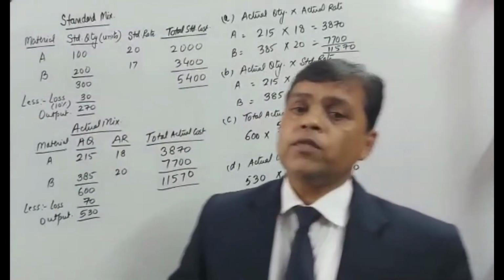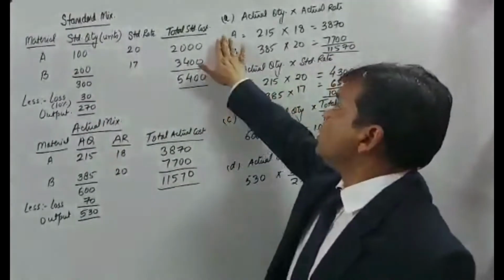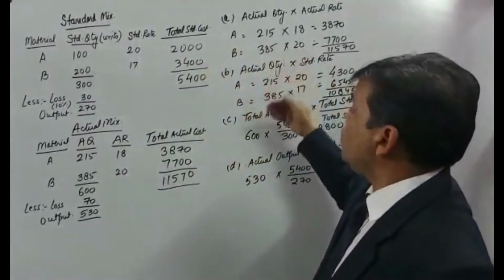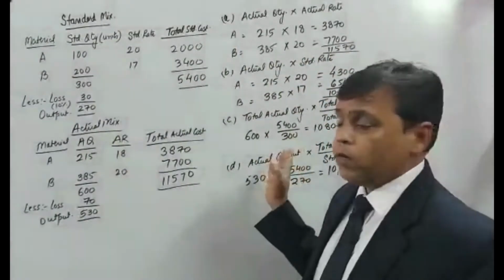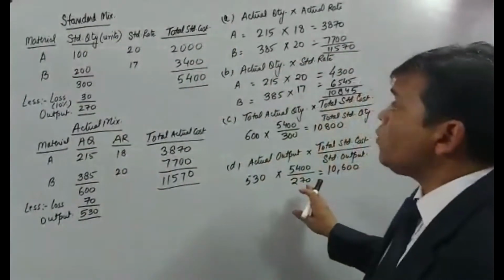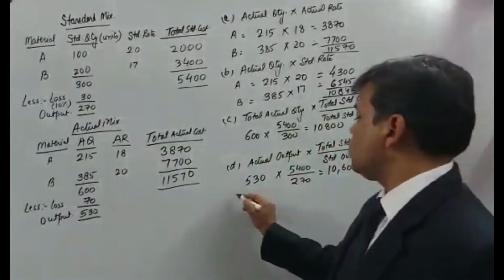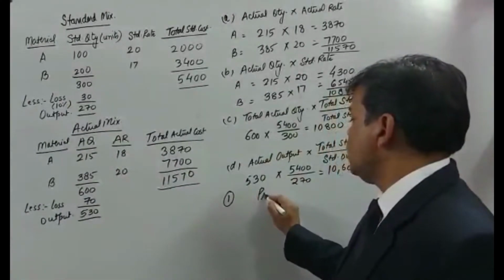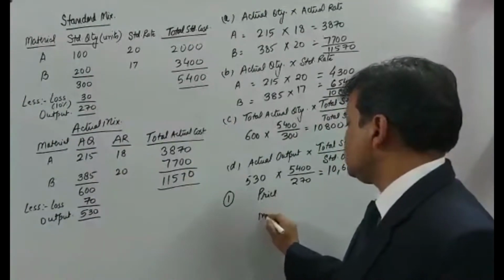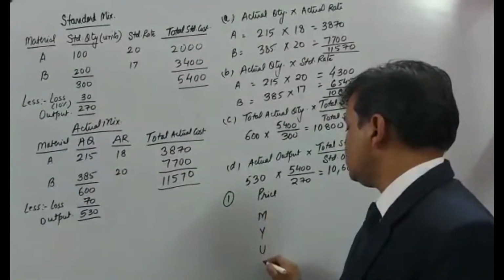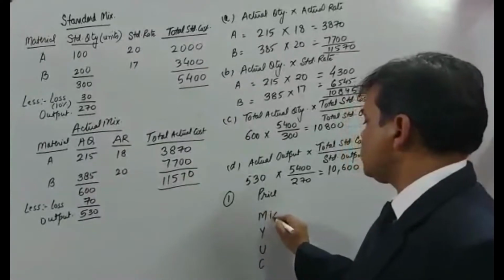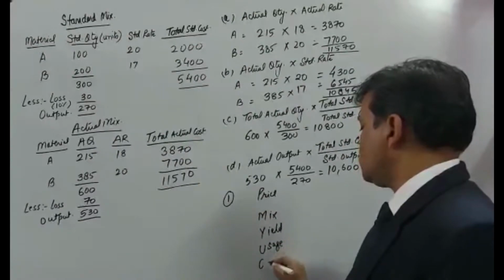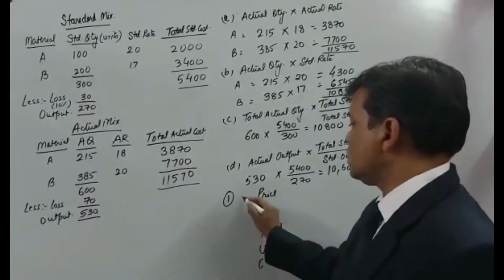So basically what we have to do is calculate this A, B, C and D part, right? And the calculation of A, B, C, D is as per what we have done right now. Once we have calculated this, then we are going to calculate the 5 variances, that is price, mix, yield, usage and cost.